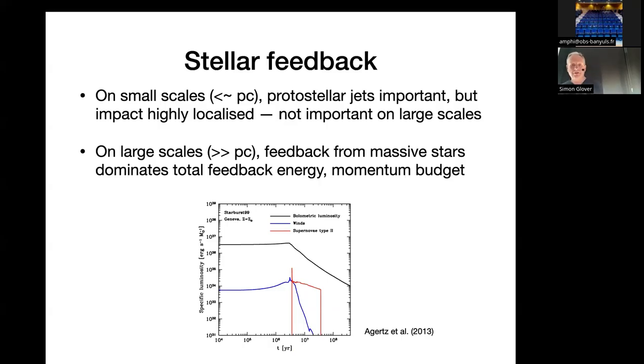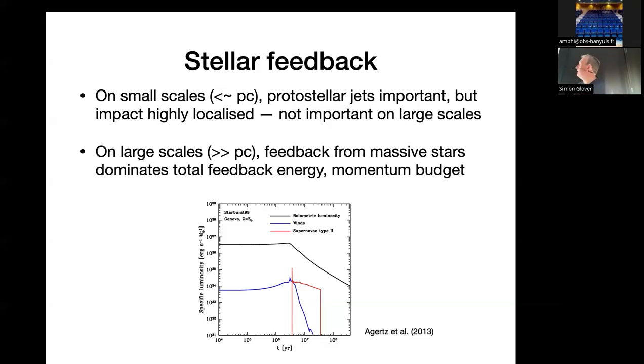And if we look at the overall energy budget, this is just from a Starburst99 calculation for a solar mass star. This is the bolometric luminosity as a function of time. While our most massive O stars are on the main sequence, this doesn't vary much with time. And then, of course, once our most massive stars start dying, this starts dropping off quite significantly with time.